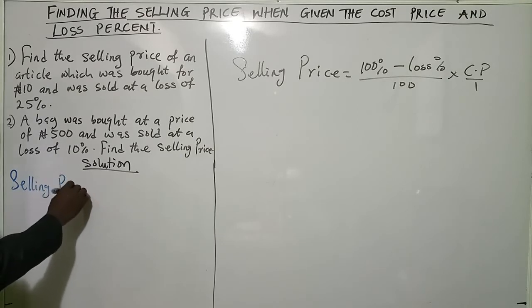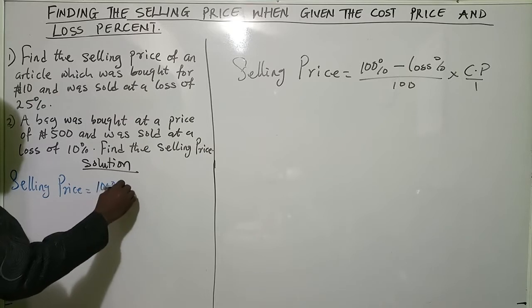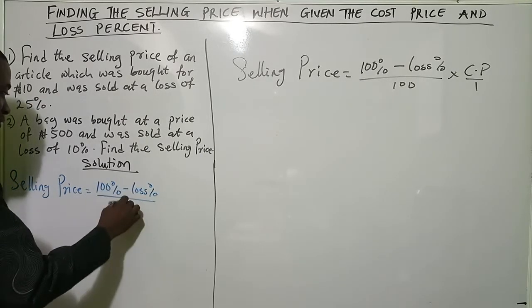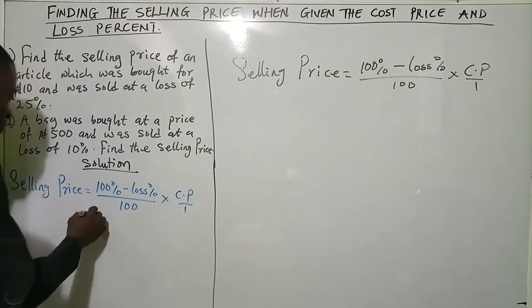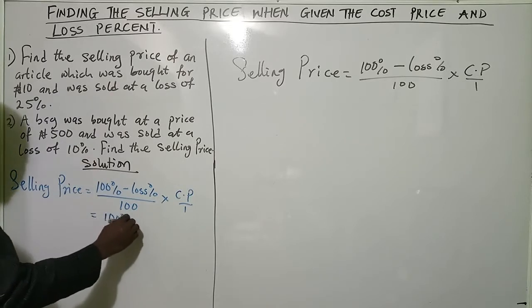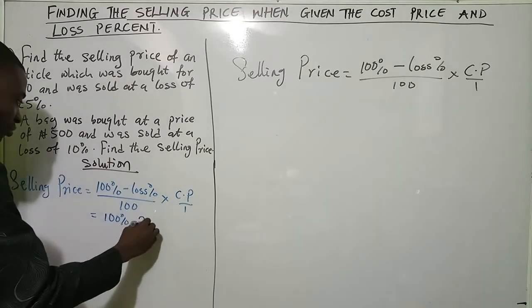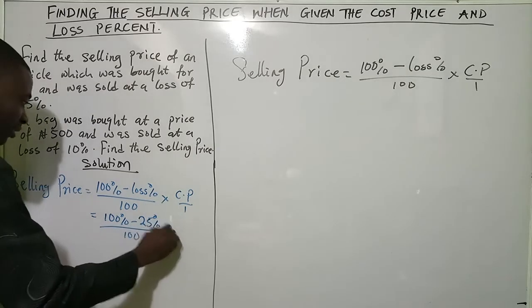Selling price is equal to 100% minus loss percent over 100 times cost price over 1. So from the question, we have 100% minus the loss, a loss of 25%, 25 over 100 times cost price.